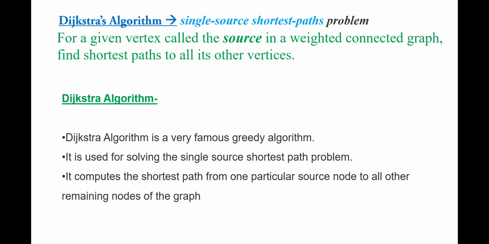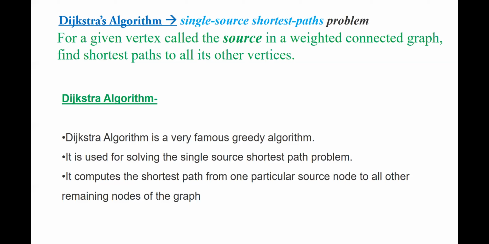Dijkstra's algorithm is used for solving the single source shortest paths problem. Means, for a given weighted connected graph, any one vertex is considered as the source node, and from that particular source node we will be finding the shortest path to all its other vertices.